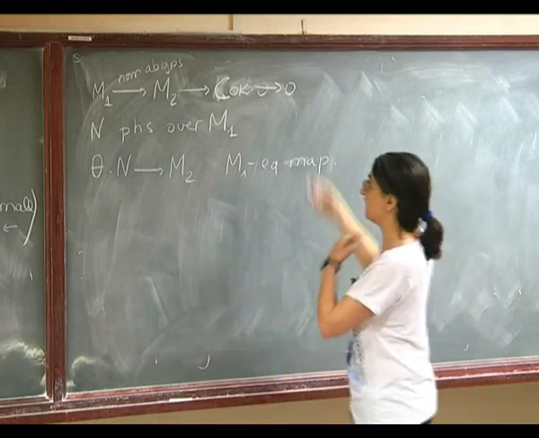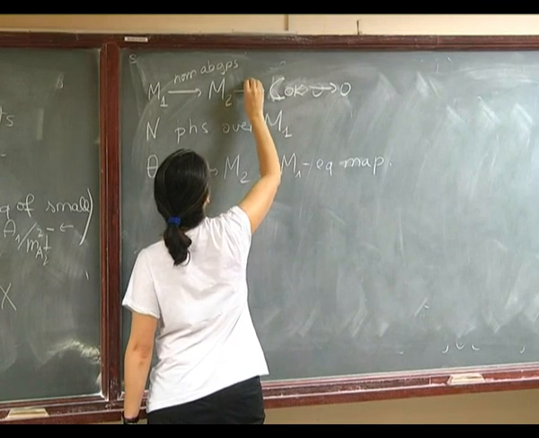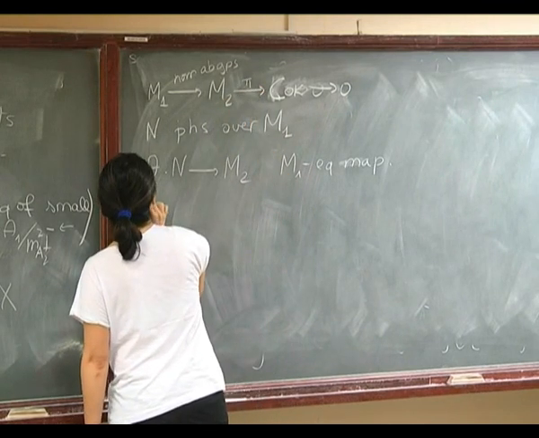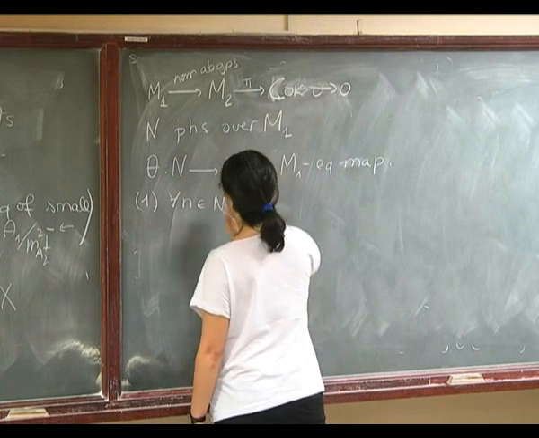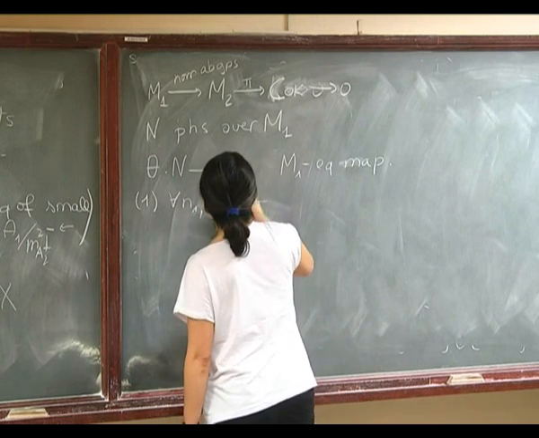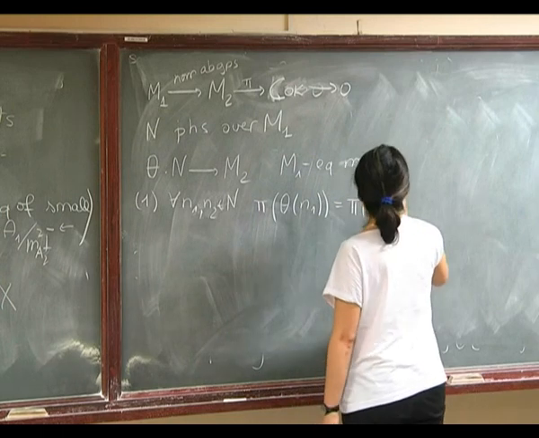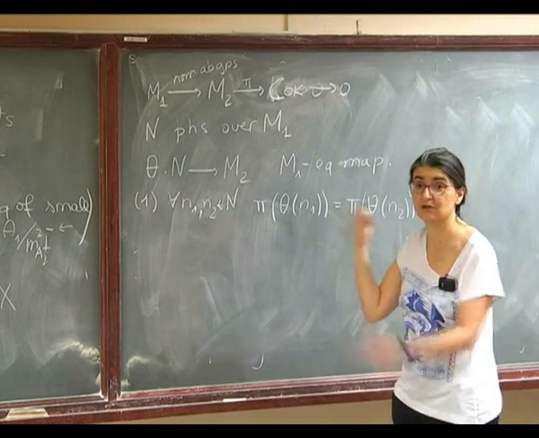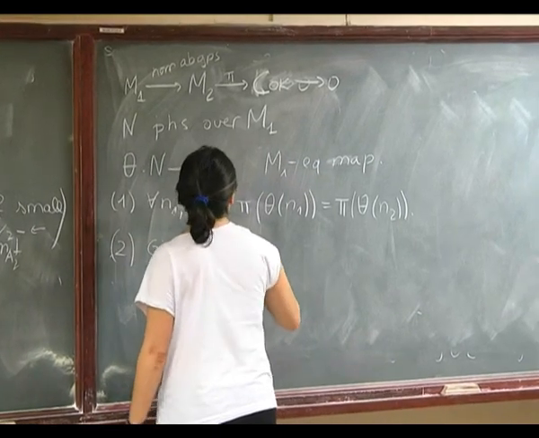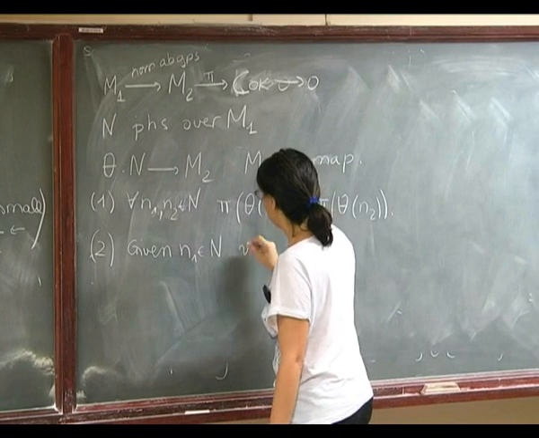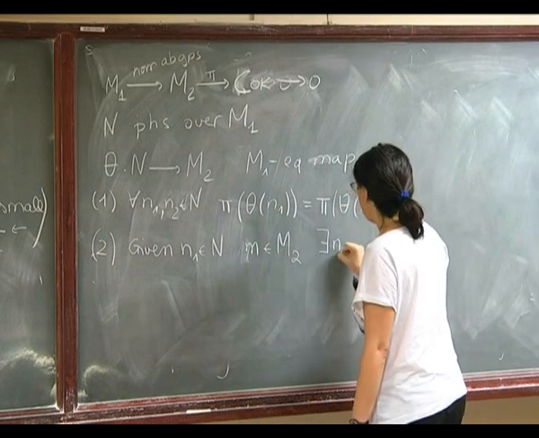What I claim is, if I have this situation, and call this map pi the projection, then first, for every n1 and n2 in N, pi of theta of n1 is equal to pi of theta of n2, because given n1 in N and m in M1, there exists an n2.